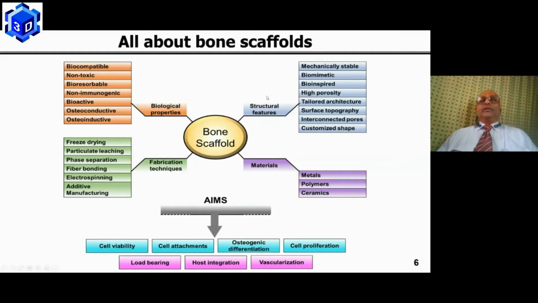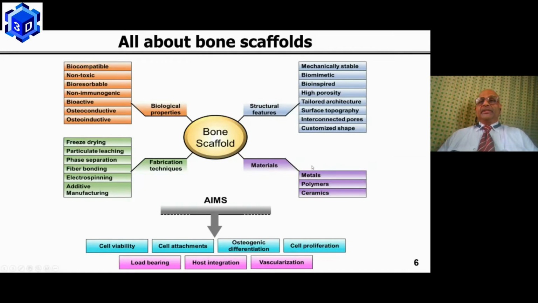Second important aspect of bone scaffolds are the structural features, the mechanical stability, and the kind of structure: high porosity needed, the customized shape, interconnected pores. So these are structural features at a gross level and at a microscopic level and at a nanoscopic level. There are another set of challenges that need to be met.